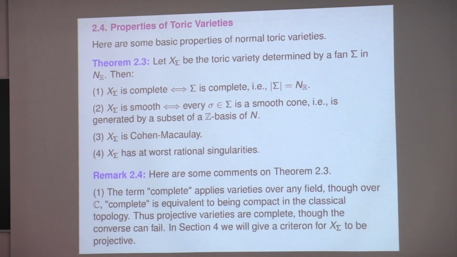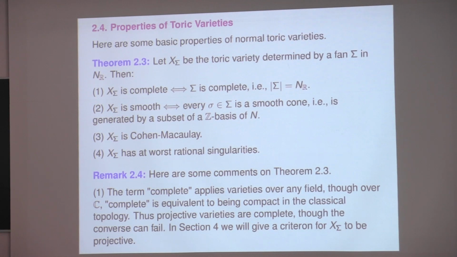But over the complex numbers, you can see that your affine pieces live inside C^n. So it makes sense to give them the topology of C^n, and then it makes sense to give the variety this topology coming from C^n locally, and those fit to a complex topology on your object.